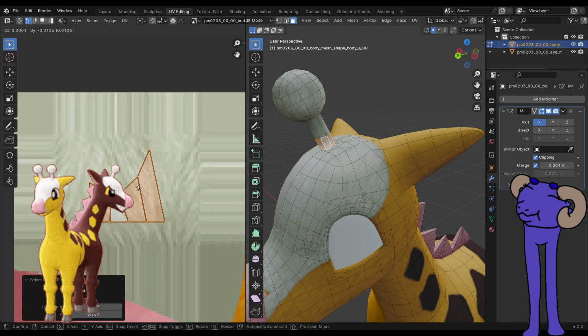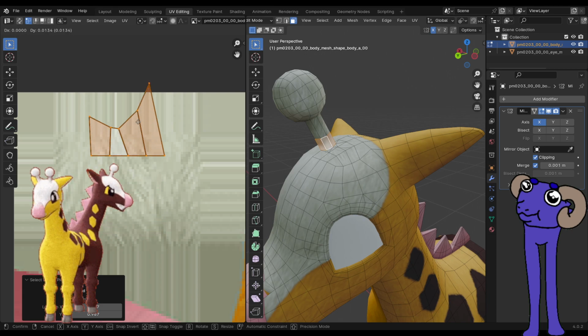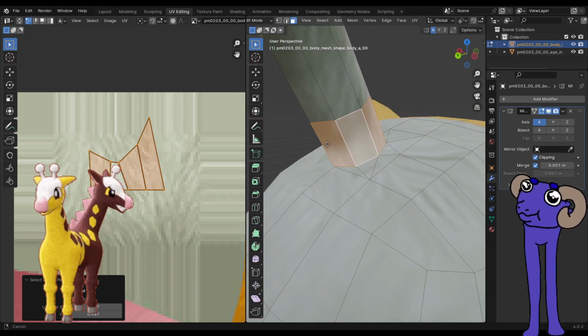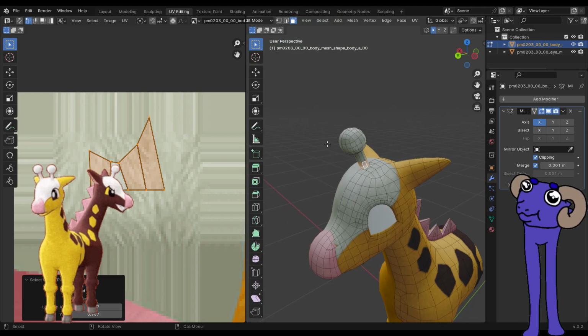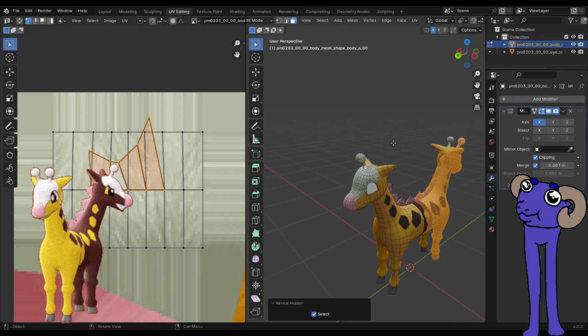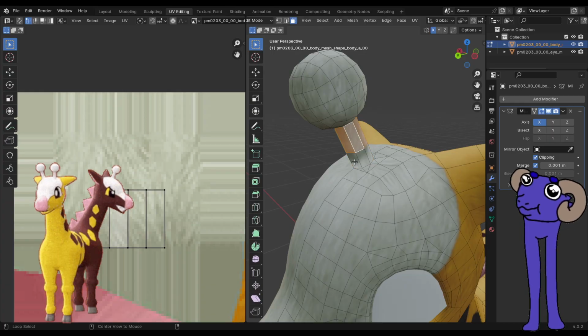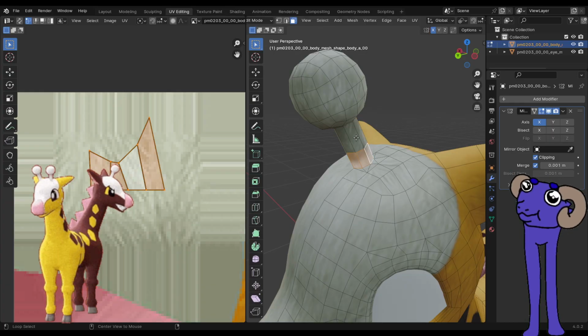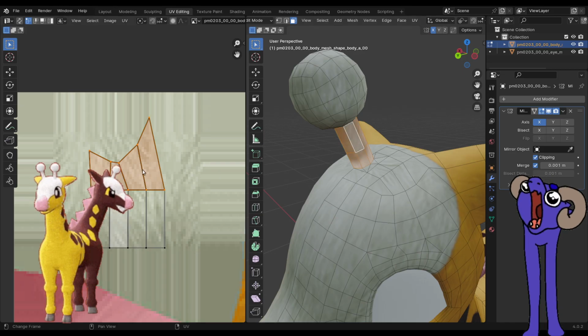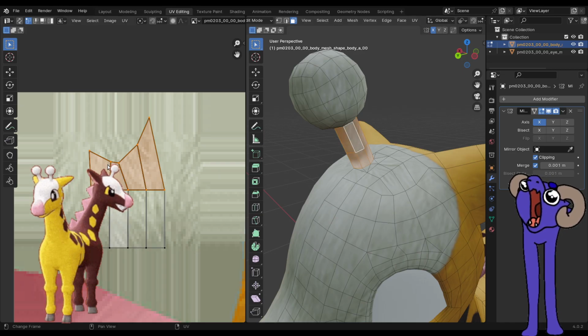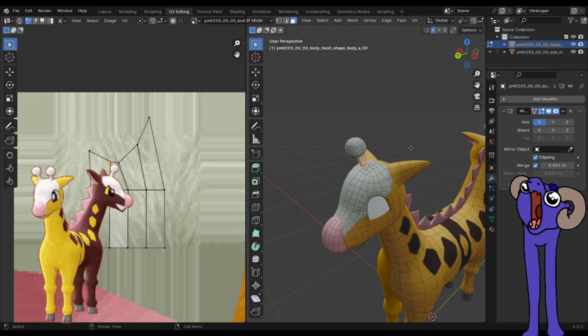Then... How did that happen? Because I'm fairly certain these used to look like that. I guess actually if it used to look like that, I think I know how to fix this.